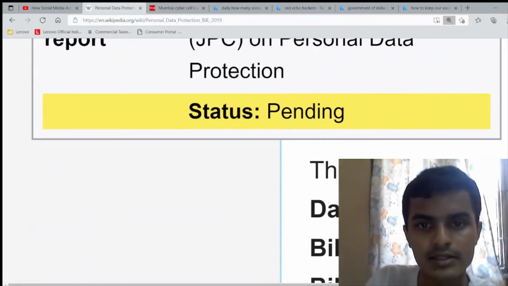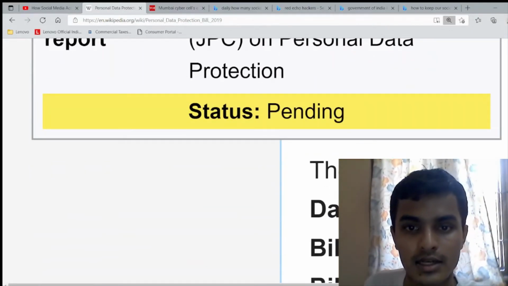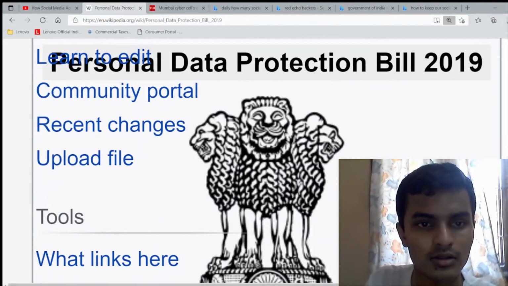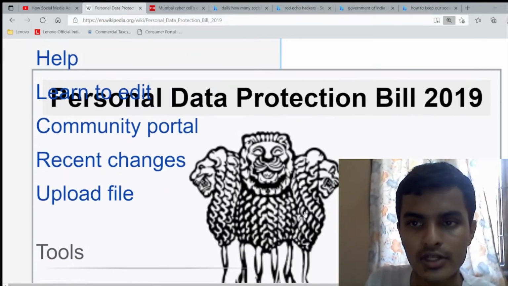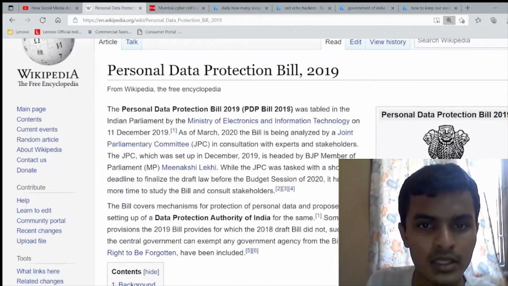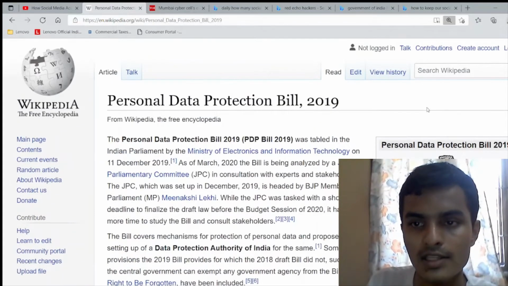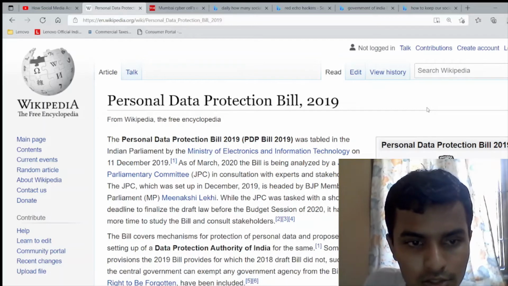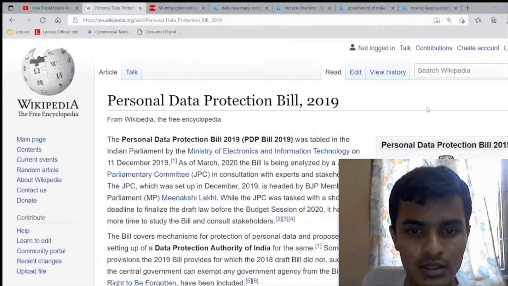See, the status is still pending, the status of the Personal Data Protection Bill, 2019. So this bill has to be passed because it is a very important bill. It was tabled in the Indian Parliament by the Ministry of Electronics and Information Technology on 11 December 2019.